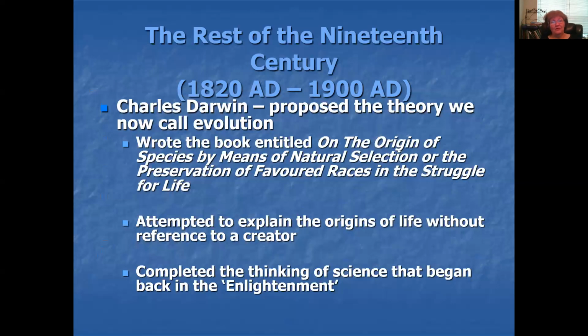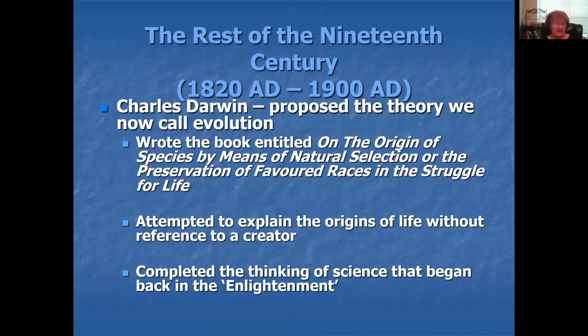The book was called On the Origin of Species by Means of Natural Selection or the Preservation of Favored Races in the Struggle for Life. There's a lot we can unpack in that title. We'll talk more about it in class, but he came up with this book that said, we don't necessarily need a creator, right? We can explain things just through science.